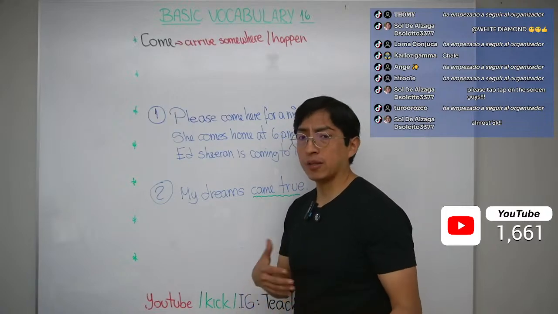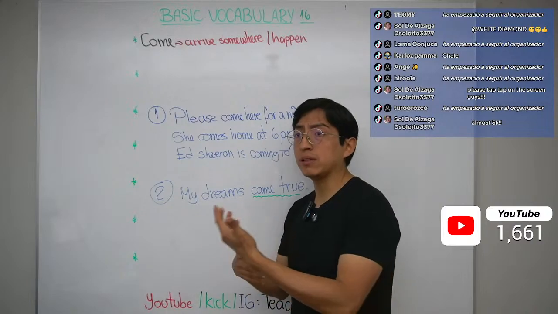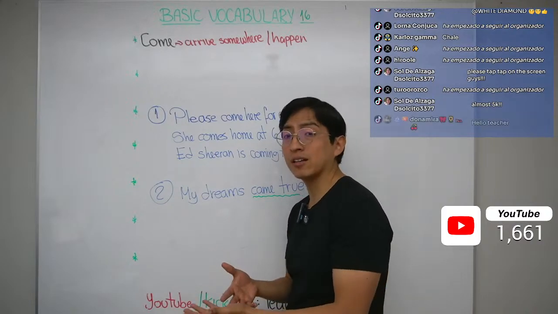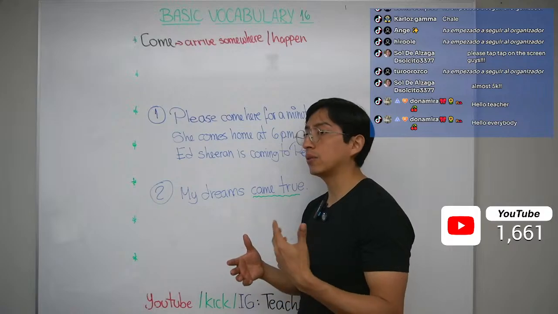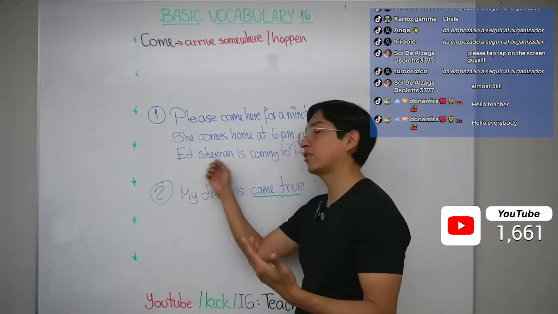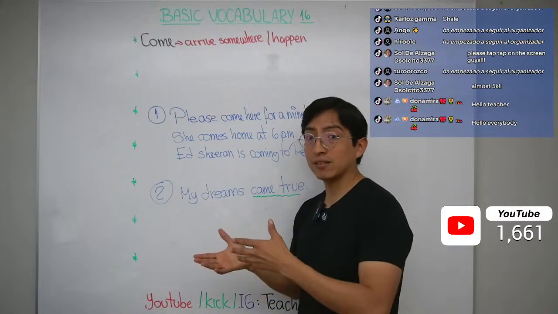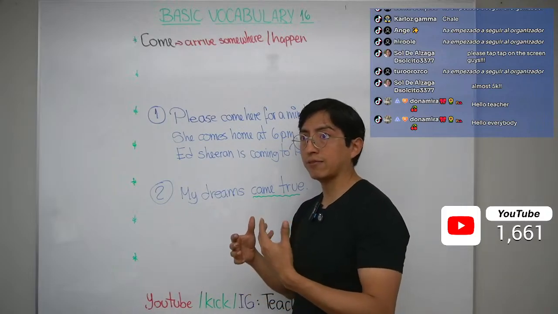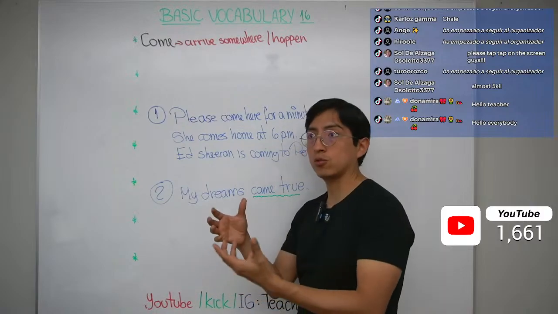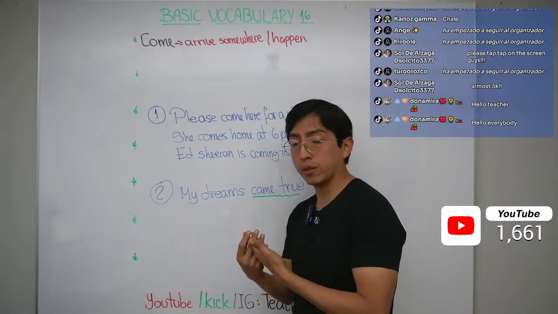For example, when you want to meet a famous person, your famous singer, you can say, oh, I would like to meet, let's say, Ed Sheeran. And maybe the next day you have the chance to visit him or to talk with him.